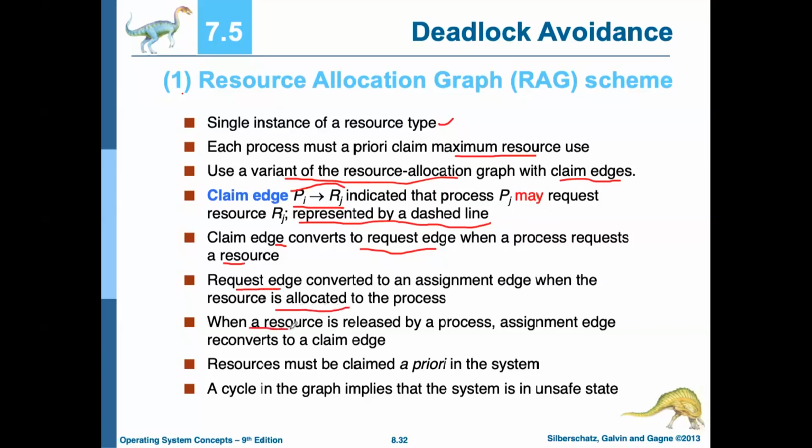When a resource is released by a process, the assignment edge reconverts to a claim edge. Resources must be claimed a priori in the system. A cycle in the graph implies that the system is in an unsafe state.